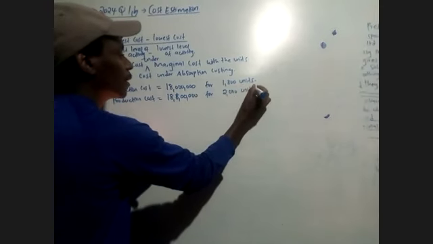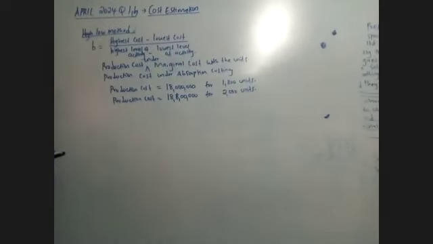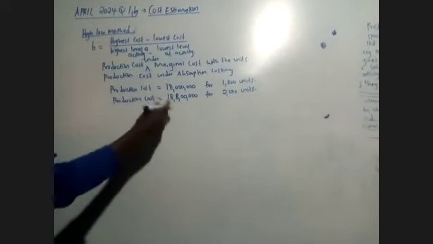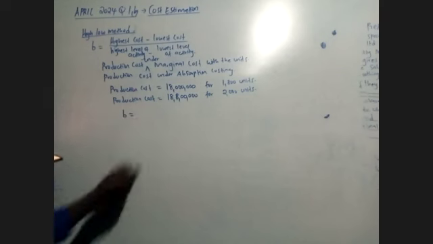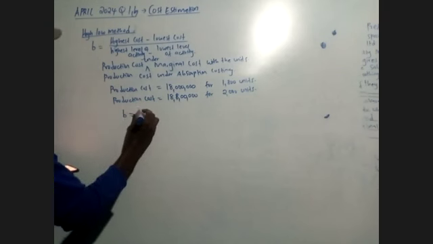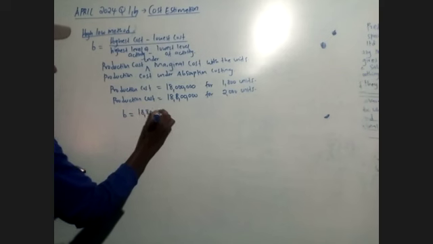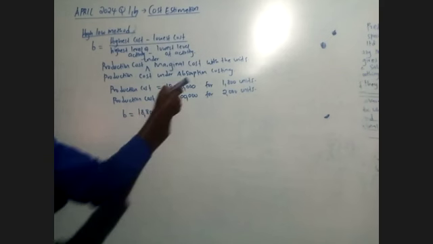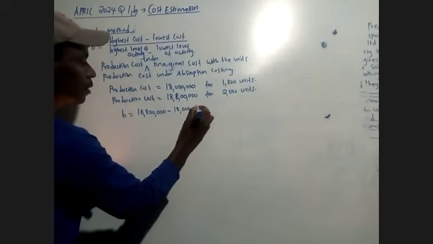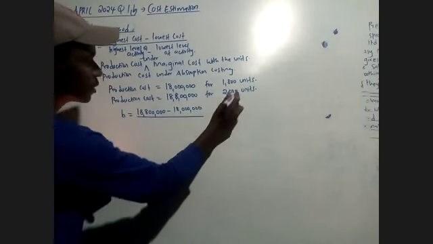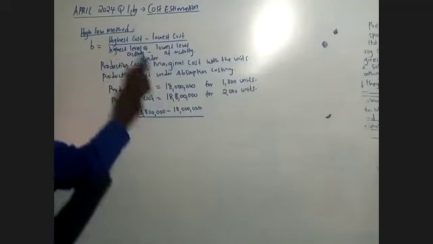Now we can use the high-low method. So the highest cost, 18,800,000, minus the lowest cost, 18 million, we divide by the highest level of activity in units.